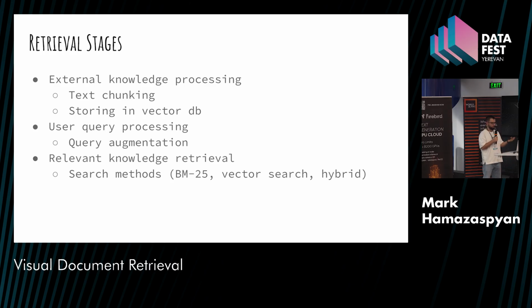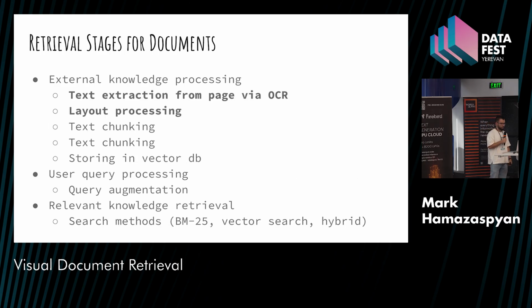The user gives us a query, we do query augmentation, we do some different experiments and processing on the query, and eventually for the given query, we retrieve some relevant knowledge from our database or information base. There are many search methods: traditional BM25, vector search, or a hybrid of the two.